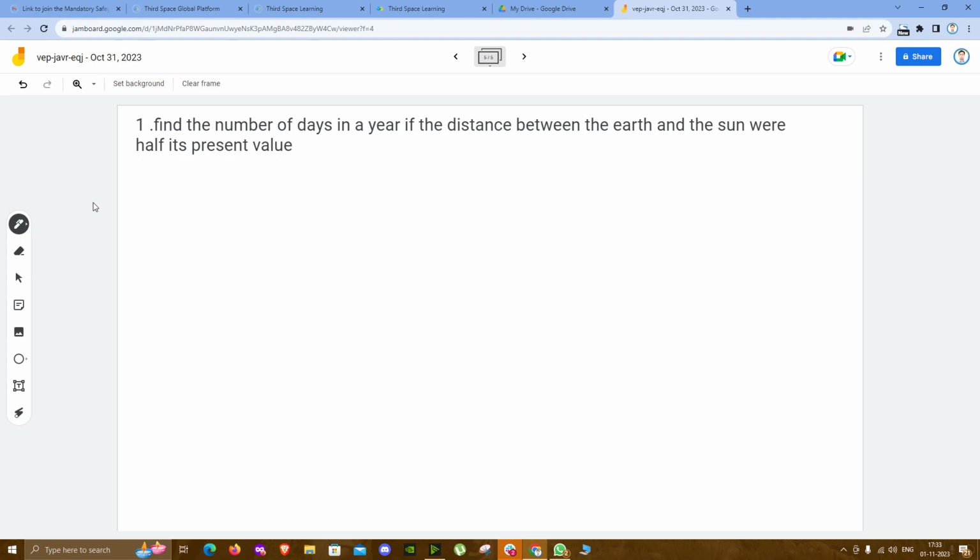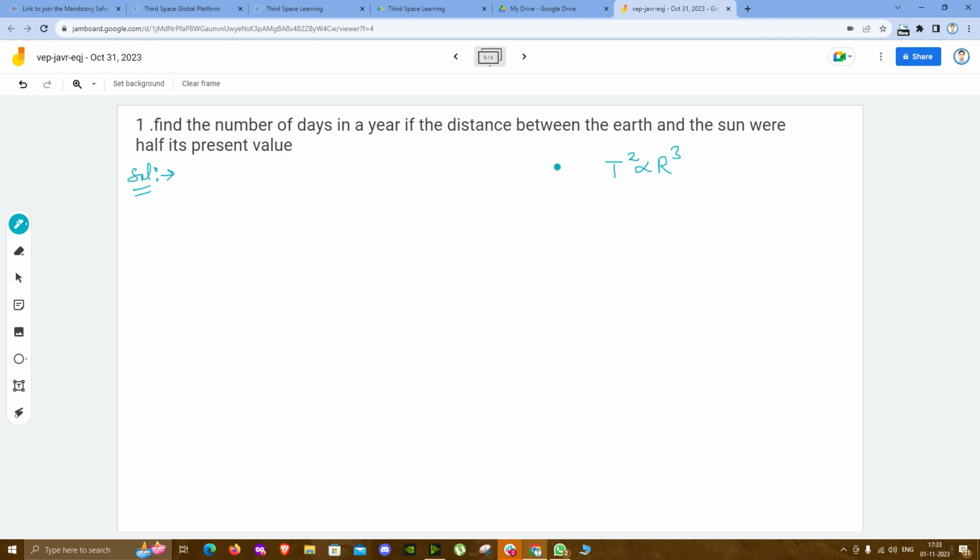So what you can do is pause the video and try to use the law of periods, that is the third law that we just did. Use that result, that is T square directly proportional to r cube. You can use that result to figure out the answer. So if you have paused the video and tried it, let's try it together now.